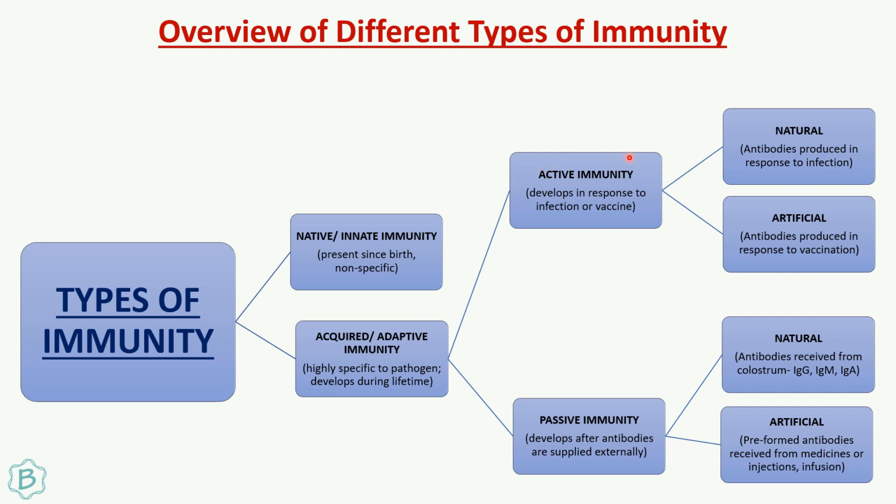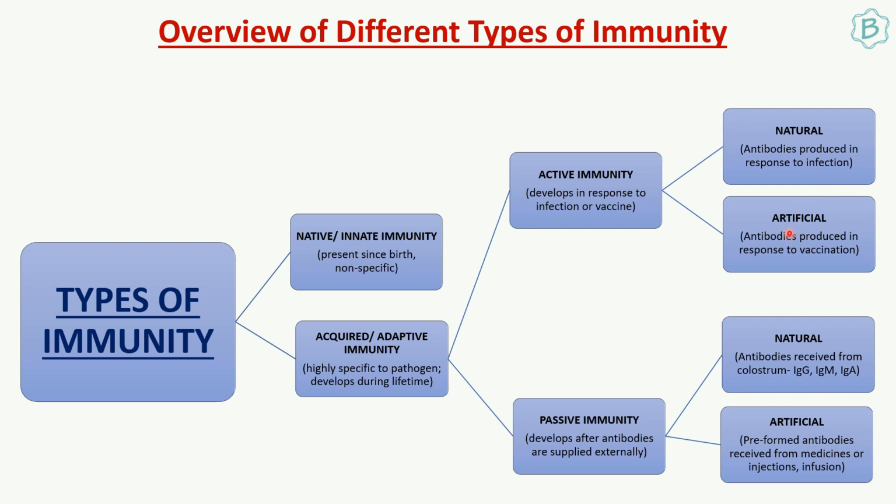First is the active immunity, which would develop in response to an infection or vaccine. In natural active immunity, when your body has come in contact with the pathogen, there is an infection, and the immune system would then produce antibodies in response to that infection to clear it out.